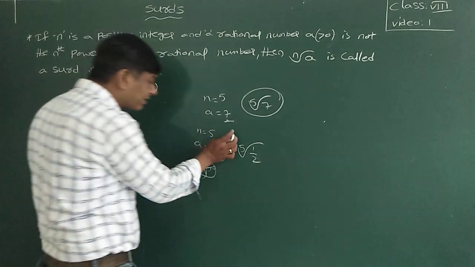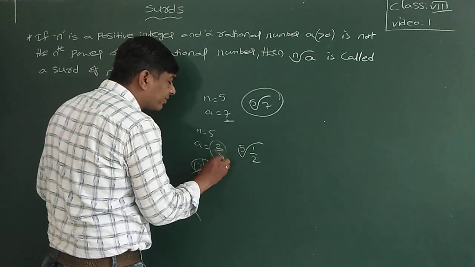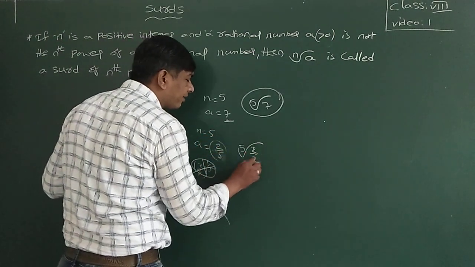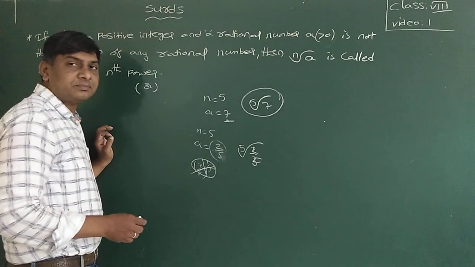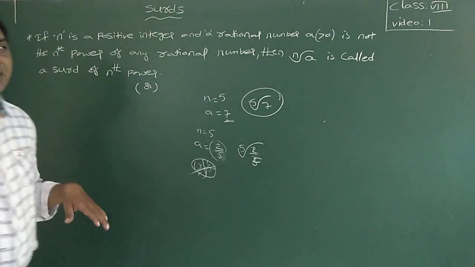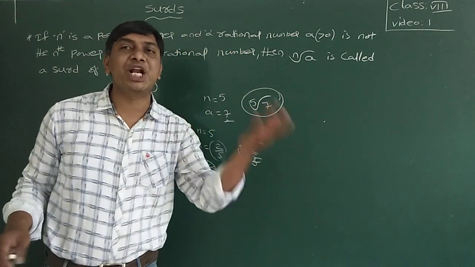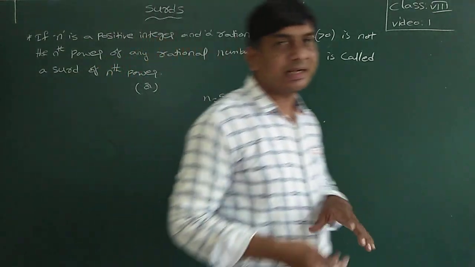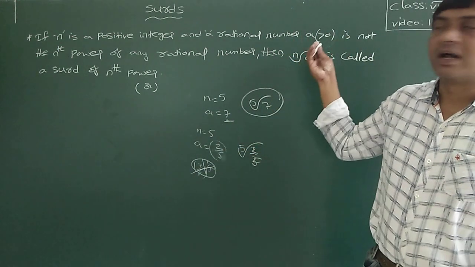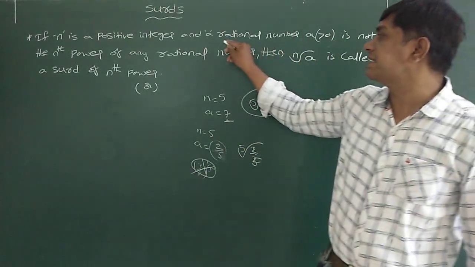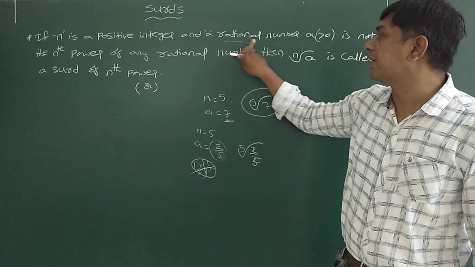Any number instead of 1 by 2, 2 by 5 you take, now also. A is any positive number, meaning a rational number. The correct word is, a is any rational number.